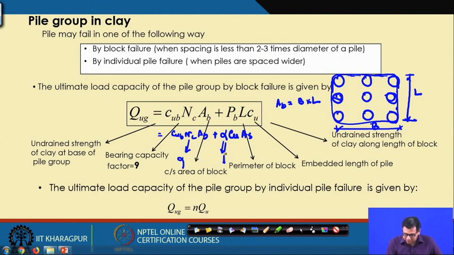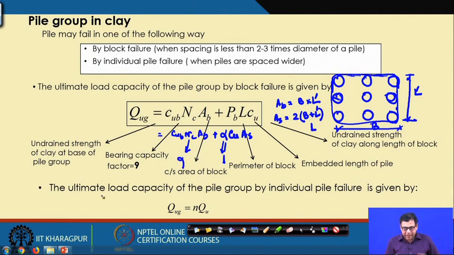So, we will get alpha equal to 1, Cu is the undrained cohesion and As will be 2 into B plus L into the length. L dash is the length of the pile. Okay. So, here you can see this is L dash, then this will be the L, L is the length of the pile. Okay. So, this way we can determine Ab and the As.